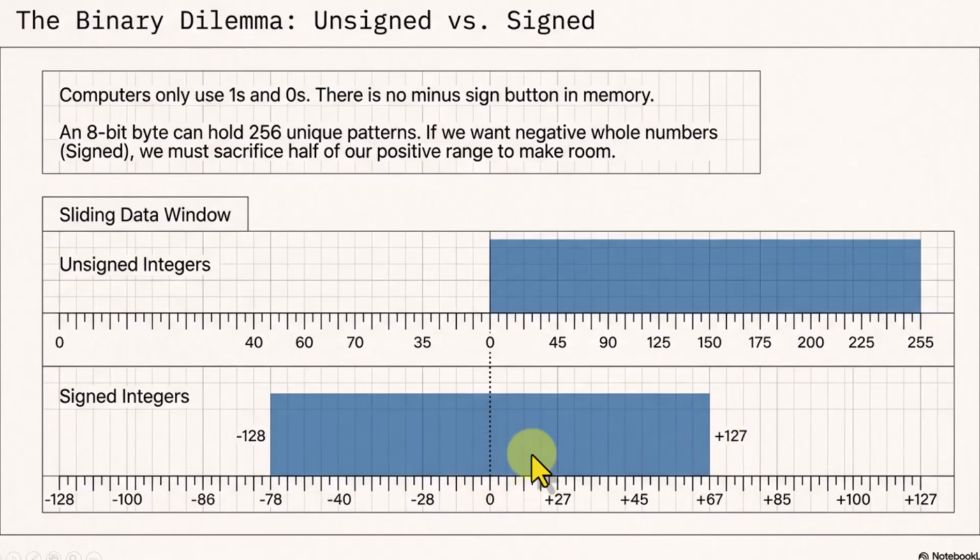Again, that is 256 different unique patterns that we can store inside 8 bits of memory. So the range is changed, but the number of unique patterns is the same.